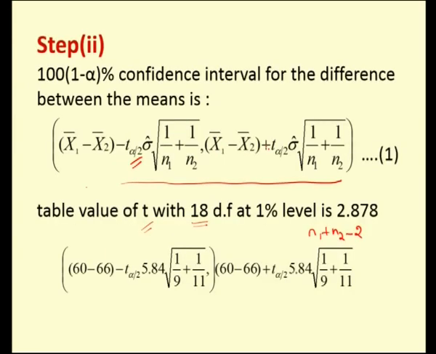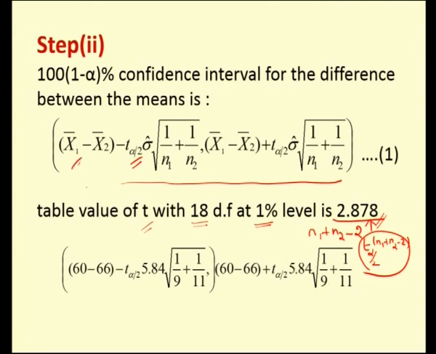Therefore, my degrees of freedom at 1% level, I want to find out for 99%. So here at 1% level it is 2.878, which I can write as t alpha by 2 with n1 plus n2 minus 2, which is your table value. So when you refer to the t tables, you will get the value as 2.878.